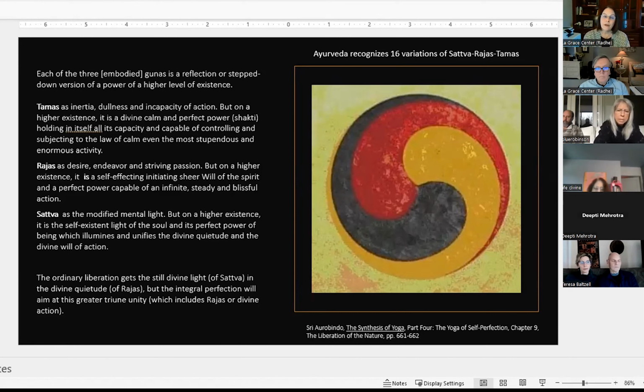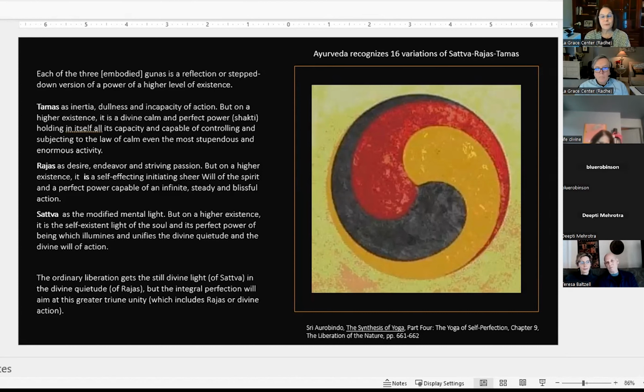But what Sri Aurobindo says is that on a higher, more spiritual existence, tamas is really this divine calm and perfect power holding in itself all its capacity and capable of controlling and subjecting to the law of calm even the most stupendous and enormous activity, right?